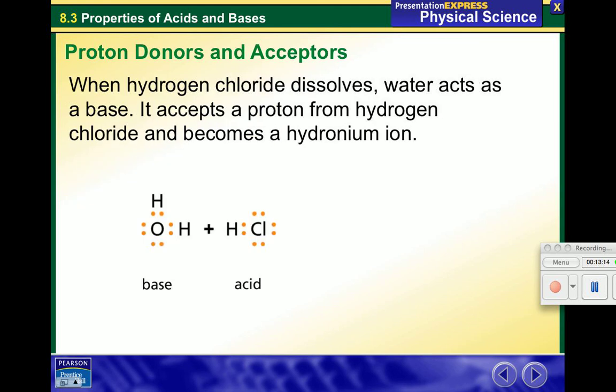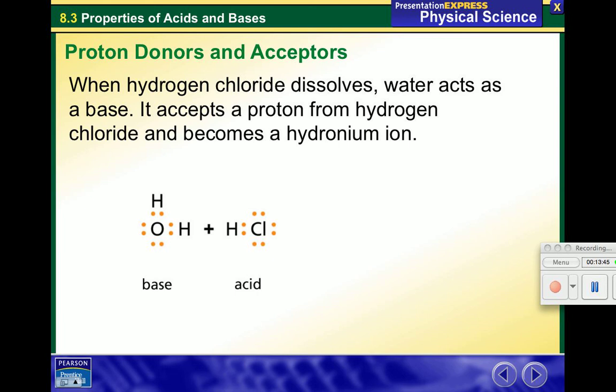Okay, let's take a look at this. Here I have water, and it's mixed with an acid, the hydrochloric acid. Hydrogen is going to break free and come over here. So this is getting rid of a hydrogen. It's donating a hydrogen. Remember, hydrogen is a proton. If you remember from Unit 2, when we had our nuclear reactions and we had protons flying out, we used hydrogen as our symbol for the proton, remember?